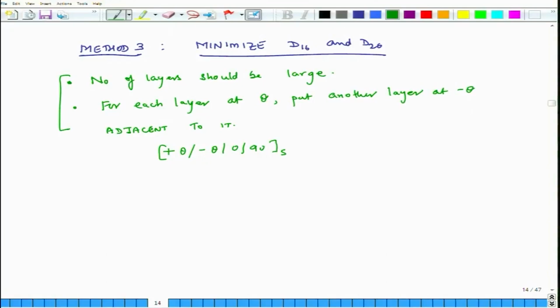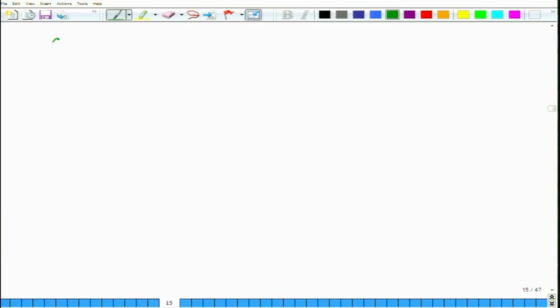So, what we will do is we will actually do a couple of examples and see how this method works. Okay. So, we will do 3 cases. So, case 1. Suppose there is a stack up, and so this is -9.